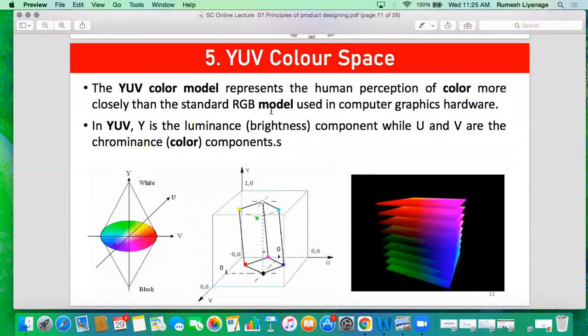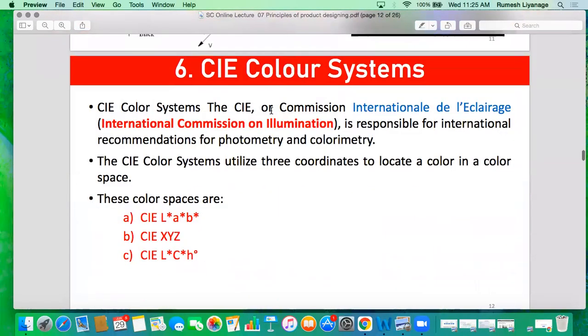And the YUV color space, there are different color spaces. And the CIE is very important. In some equipment such as colorimeters and spectrophotometers, we use the CIE color space.